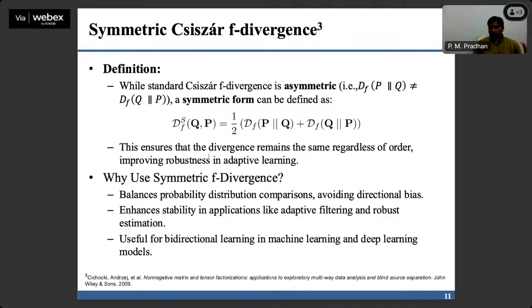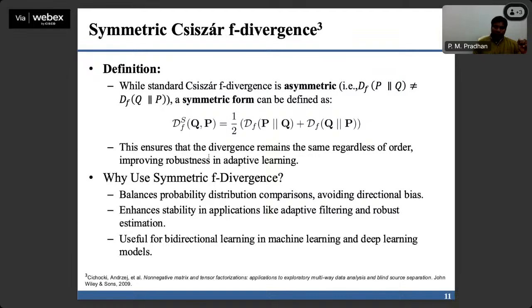The divergence measure from p to q and the divergence measure from q to p combined together give you the symmetric form. So the symmetric form can be obtained from the asymmetric forms, but then you have to calculate both the asymmetric forms and then find the symmetric form.